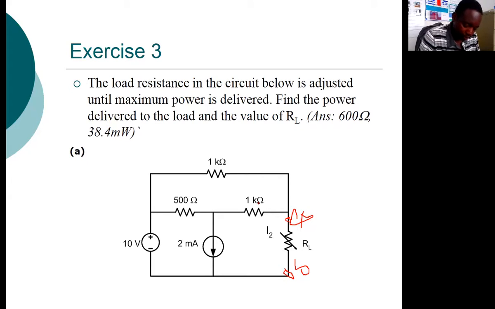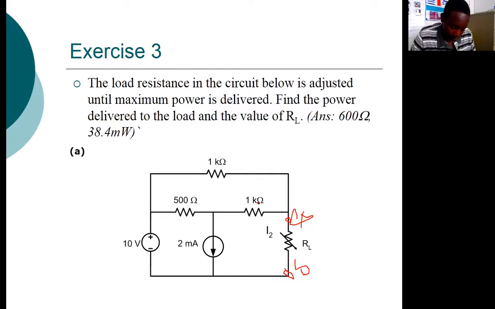So I1 becomes equal to 500 over 2,500, since on that side the two resistors are now in series with respect to the current, multiplied by 2 milliamps.